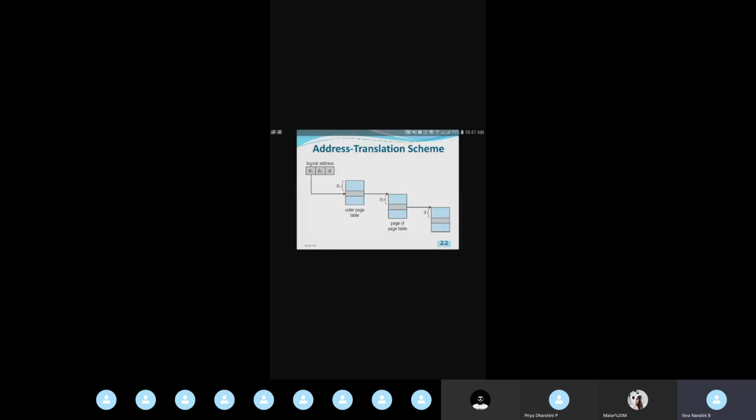We'll also be using three level paging if the logical address goes beyond. In a 32 bit logical address itself we saw two level paging; for a 64 bit logical address space we'll be using three level paging. If we are using two level paging, what did we do? In two level paging, for 64 bits, 12 bits will be used for offset, 10 bits for inner page and 42 bits for outer page.